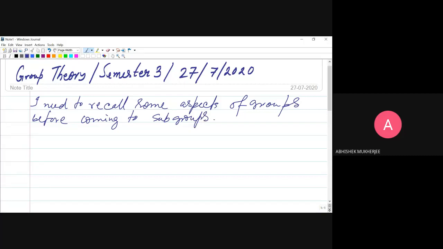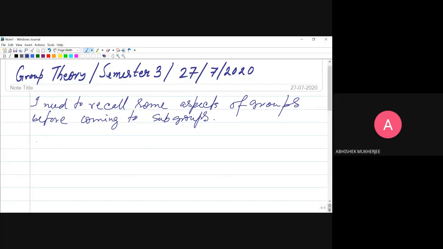Okay, so let me have a look at some basic concepts of groups and how it generates. It is well known that all of you know the fact from childhood that the product of two integers is again an integer.